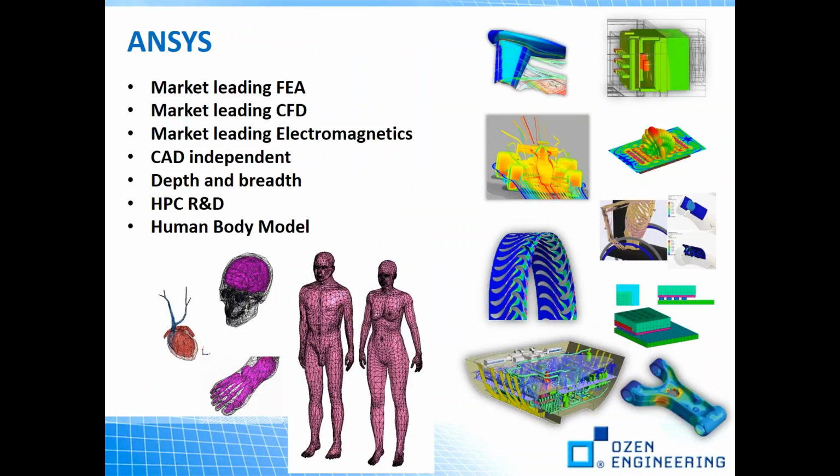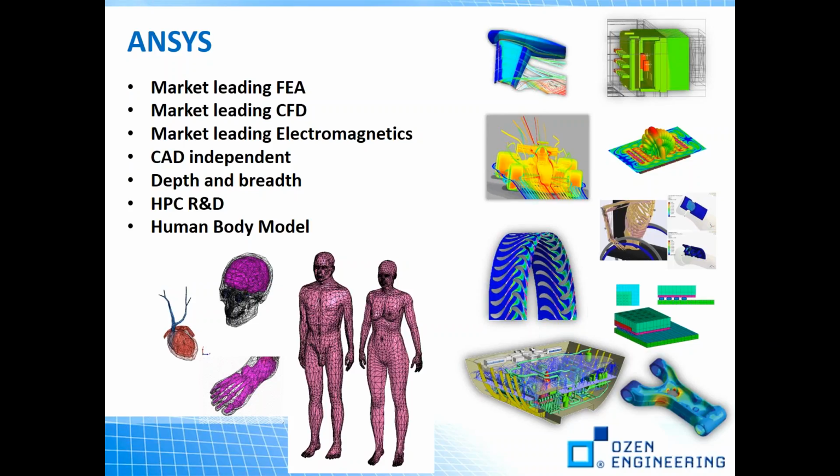About ANSYS products, as you know, ANSYS develops engineering simulation software and offers multi-physics simulations. They are number one in finite element analysis, CFD analysis, and also electromagnetic products. ANSYS is CAD independent, and it has high performance computing capability.